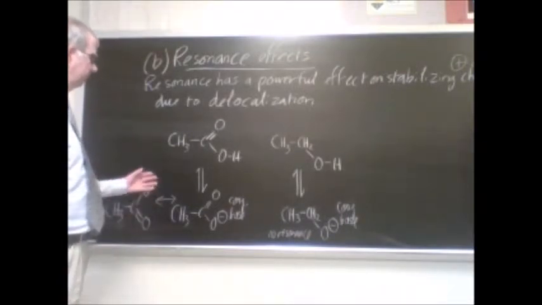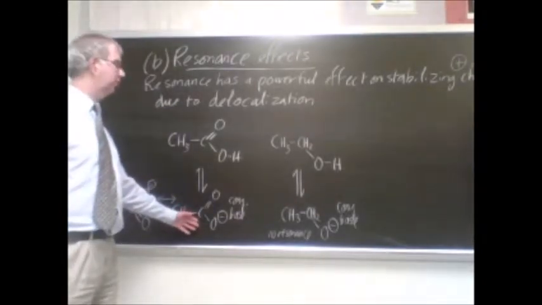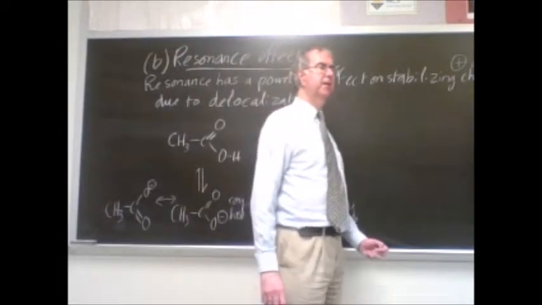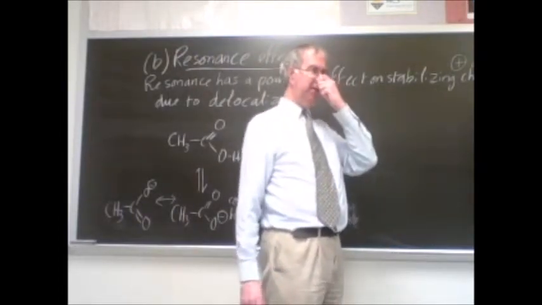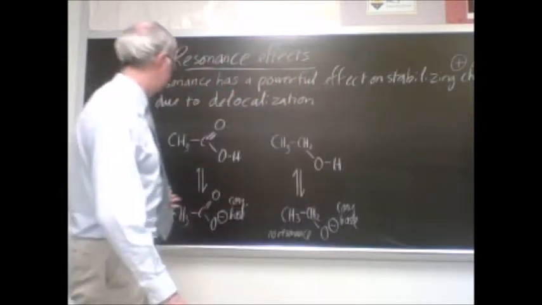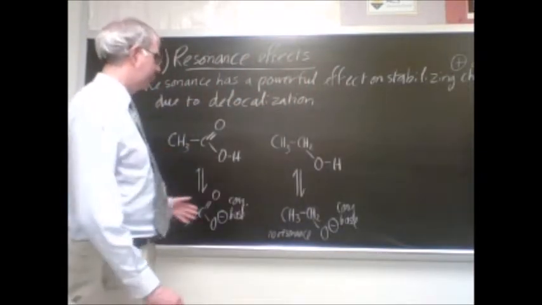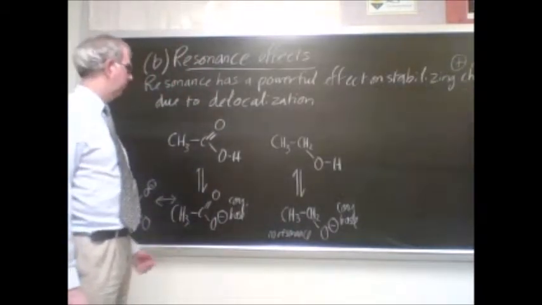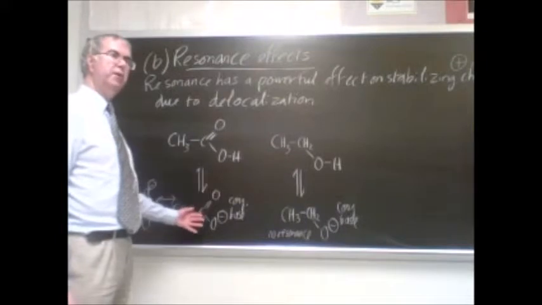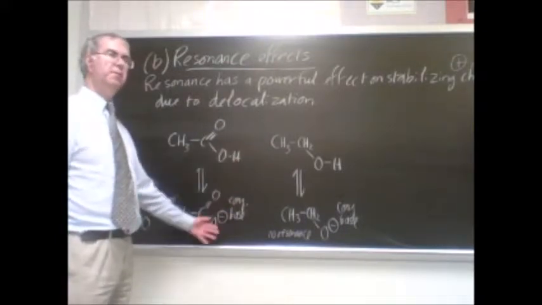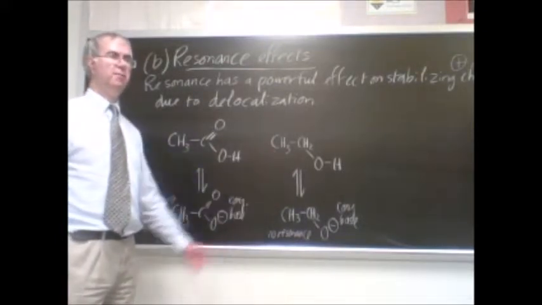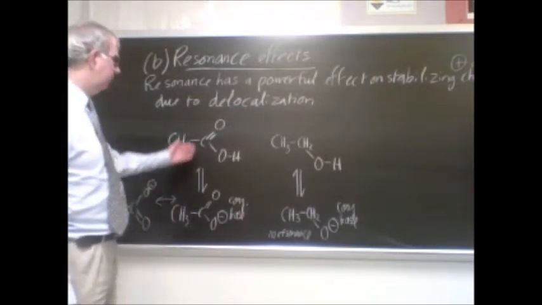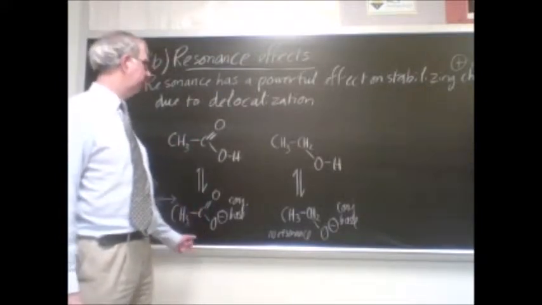So if we have the more stable conjugate base, I'd like to ask my student, if I have two conjugate bases, this is the less stable conjugate base, this is the more stable conjugate base, which one is going to form more easily? The more stable conjugate base or the less stable one? The more stable one. Okay, so the more stable conjugate base forms more easily.